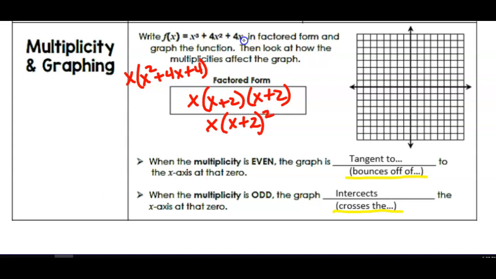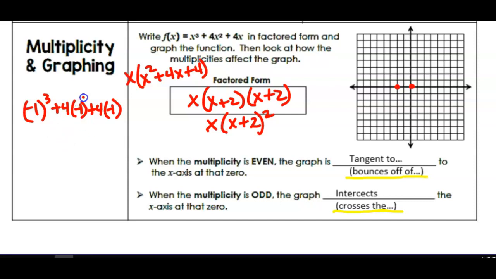If we actually type this in the calculator, or we put in some ordered pairs, it goes through 0, 0. It has a 0 at -2. If you put in a -1 up top, you could certainly just graph it.